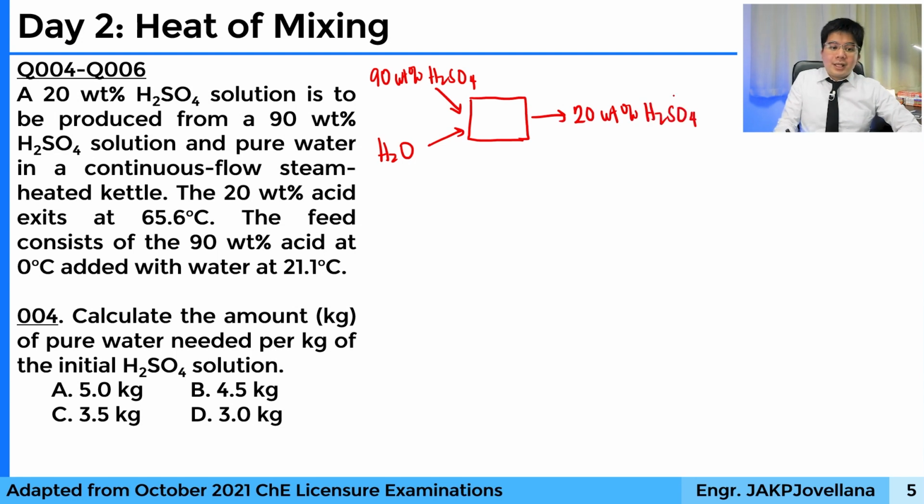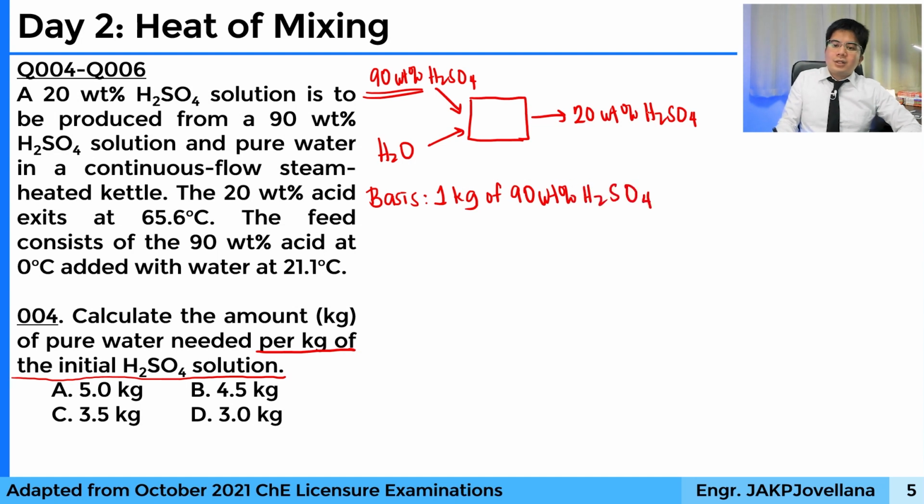Our basis here is per kilogram of the initial sulfuric acid solution, and this initial solution is the 98% sulfuric acid. So as our basis, we can write 1 kilogram of 98% sulfuric acid.